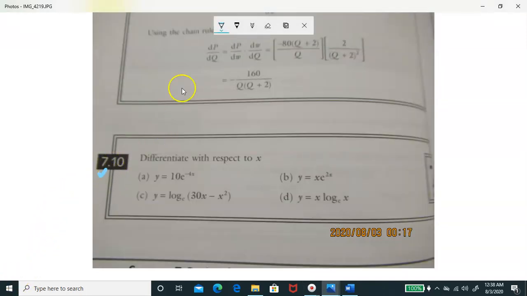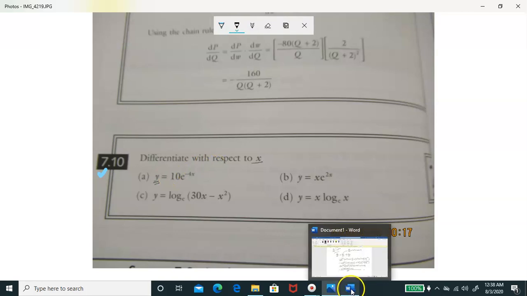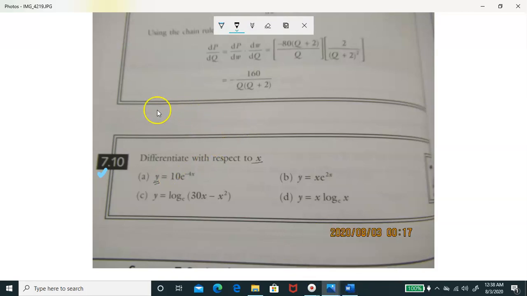This ends these problems, right? So look at that. y equal to 10 e raised to the power minus 4x, and now we want to solve it, right? We want to differentiate this y function with respect to x. So y equal to 10e^(-4x), right?